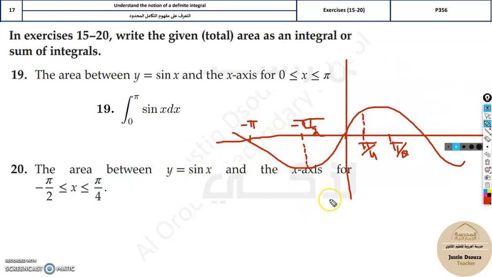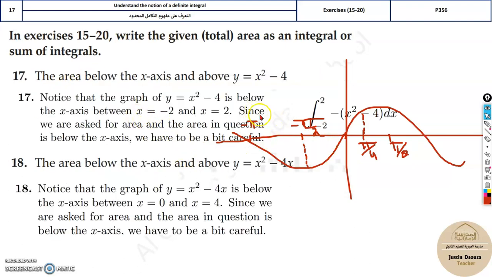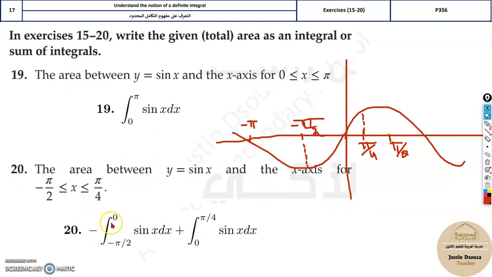What would you do next? You need to understand the left side is negative, it's below the x-axis. So what we studied in the previous topic, here it was always minus. Remember that concept. You need to integrate from minus pi by 2 until where it changes from negative to positive, which is at 0.